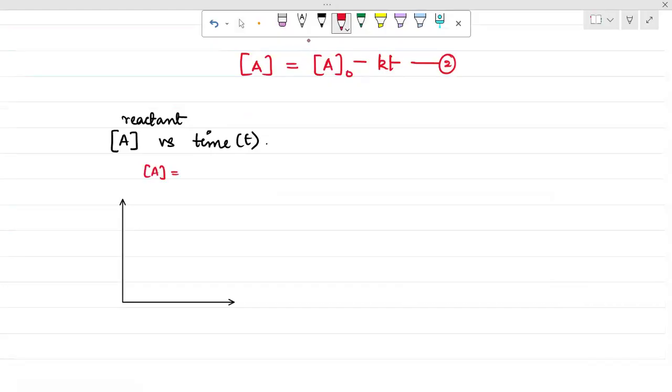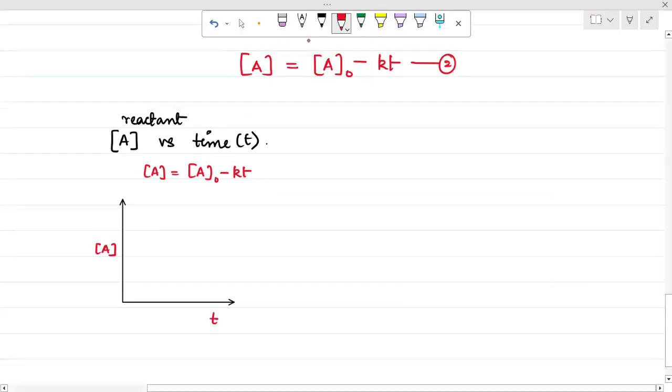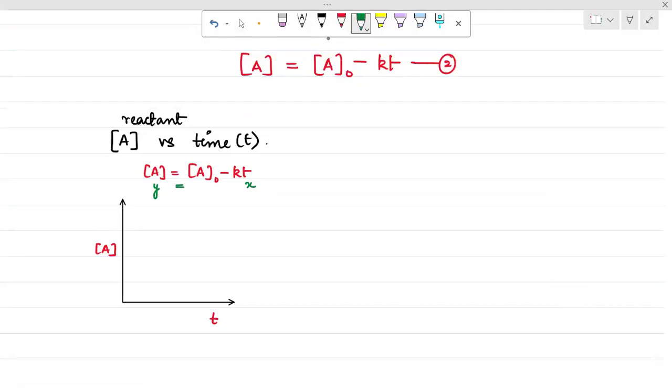Concentration of A is equal to concentration of A naught minus KT. So it is A versus T. So you will have A along Y and T along X. And this graph is of the form y is equal to mx plus c, where you have a negative slope and a positive intercept.